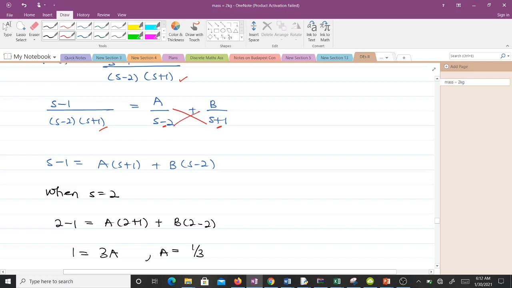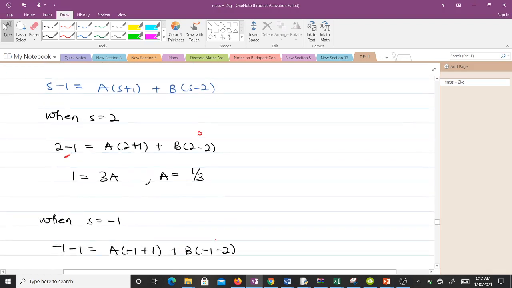So when s is equal to 2, that means we get 2 minus 1 will be equal to a times 2 plus 1, then plus b times 2 minus 2. Then this part is 0. So that means the b goes away. Then we have 1 will be equal to 3a. And solving for a will give us 1 over 3.